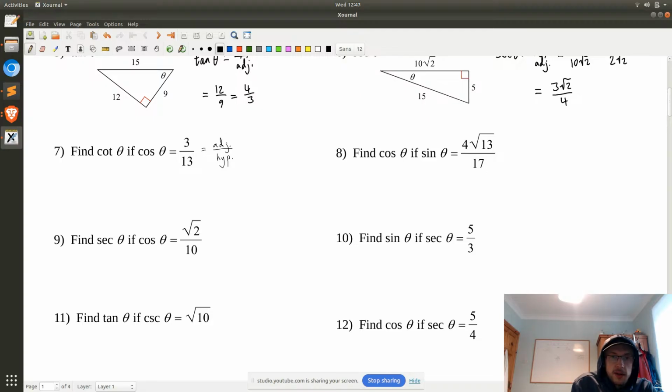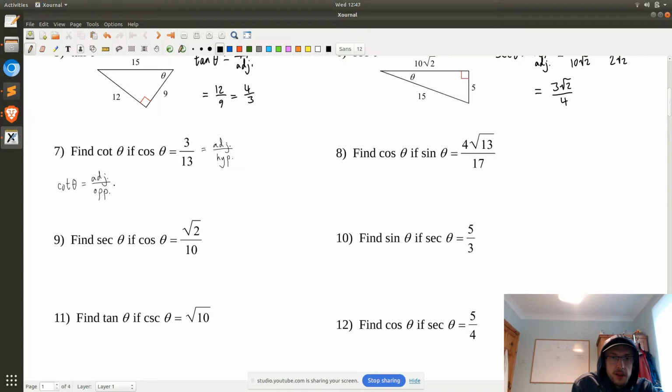That's the ratio of the adjacent to the hypotenuse, 3 over 13 by definition. Cotangent of theta, by definition, is the adjacent over the opposite.